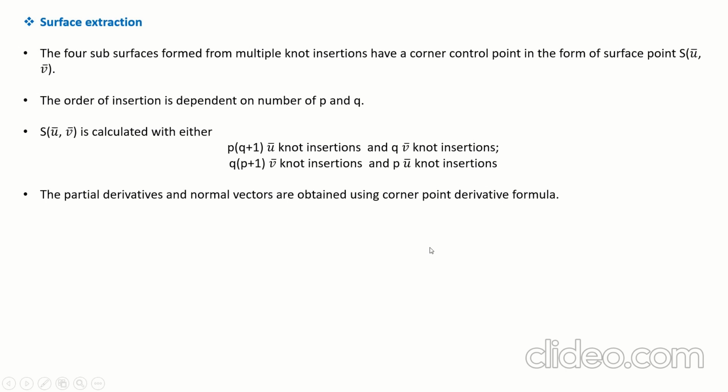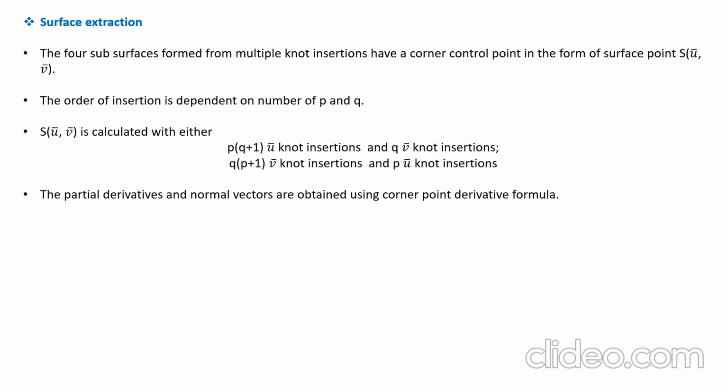Now let's talk about surface extraction. The subsurfaces formed from multiple knot insertions will have a common control point in the form of S(u, v). The order of insertions is dependent upon the number p and q, where p and q are the number of knot insertions in the u and v directions respectively.